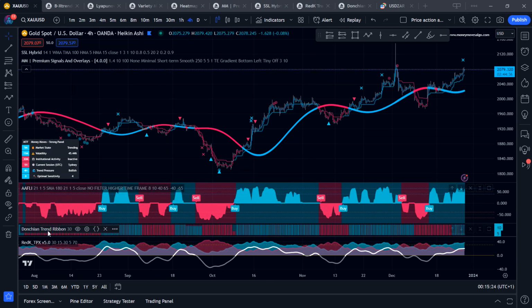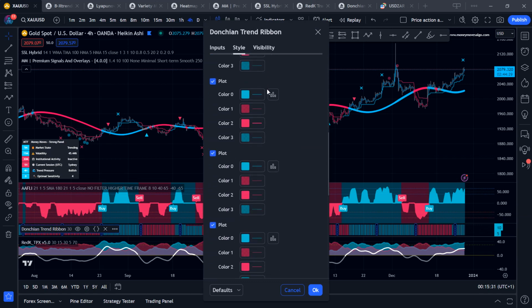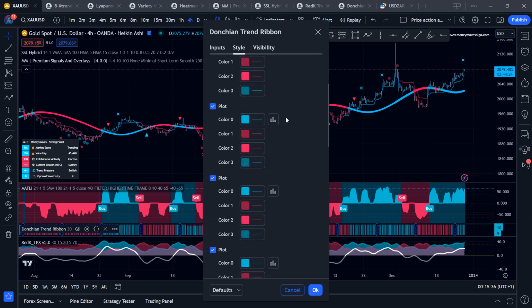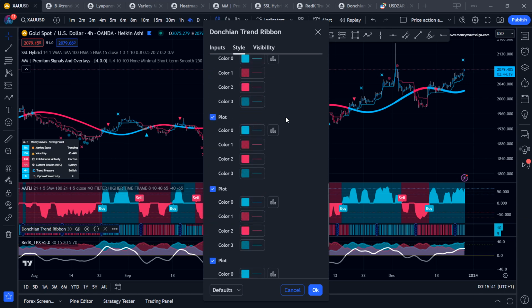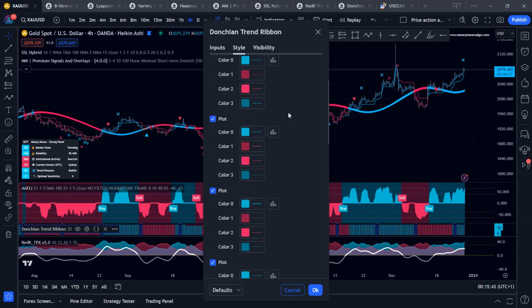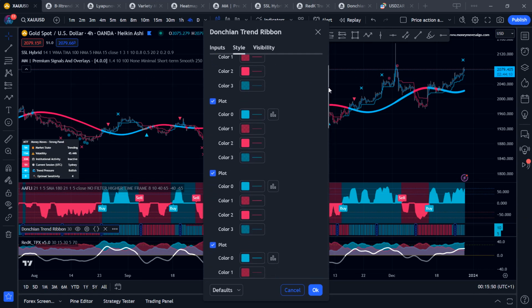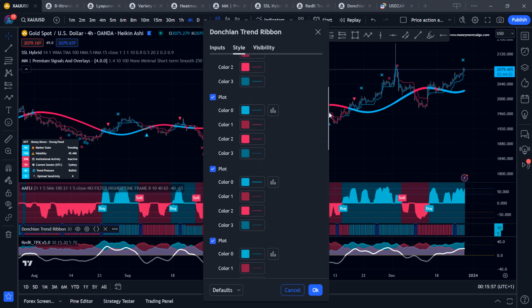The downtrend ribbon, inputs, 30, style, it's just a change of colors. Nothing here, but I have changed the colors in such a way that makes it look like this, so you gotta pay attention to it.